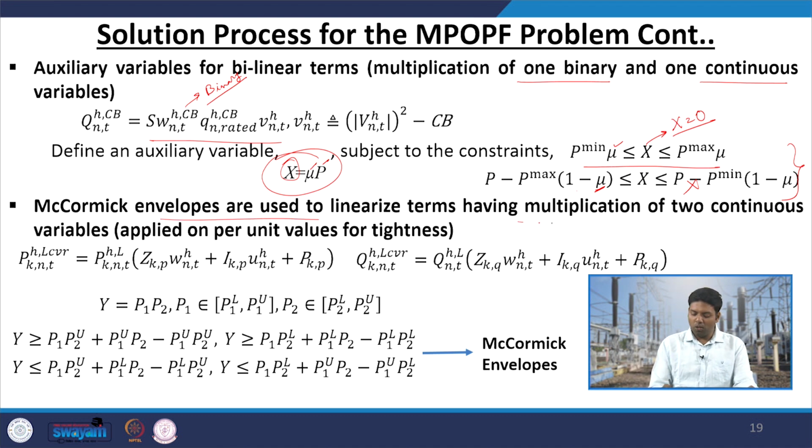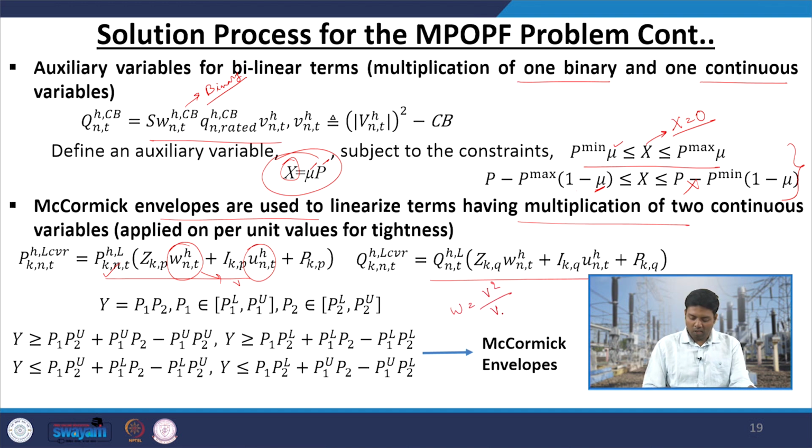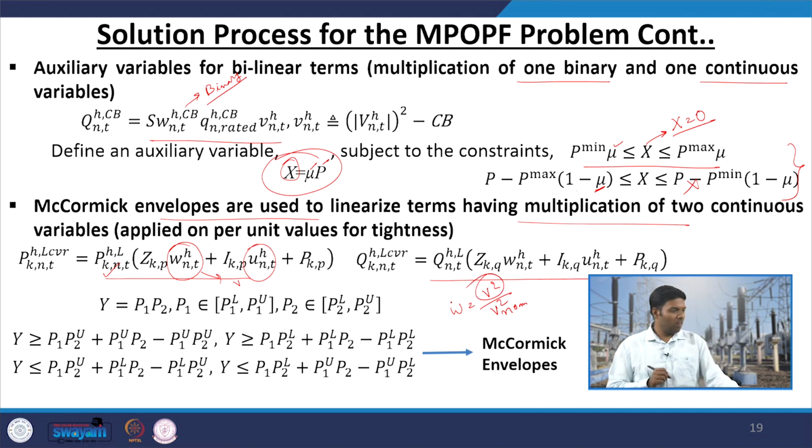McCormick envelopes are used for two continuous variables, which you can see in the ZIP load model. When you multiply this load, because this is also your variable, with these voltage equations, W is actually V square by V nominal square. So, you do not know this V, right.